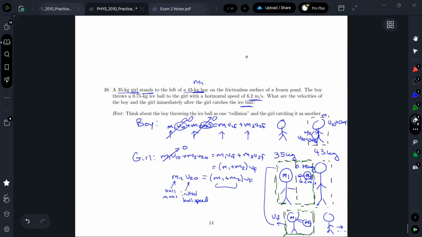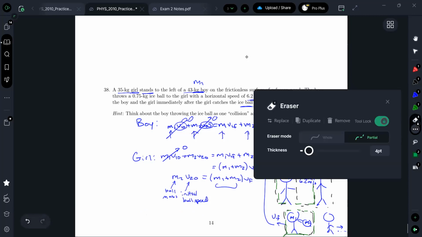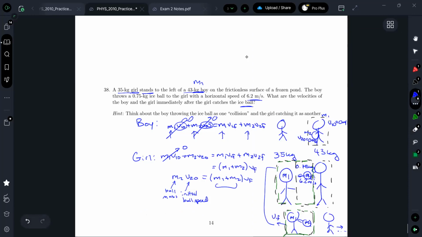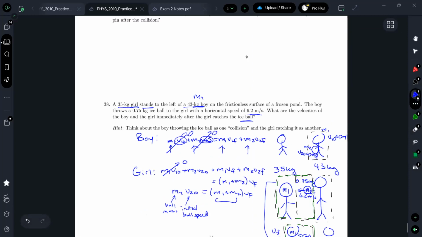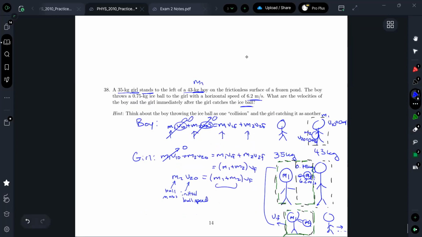This 6.2 meters per second, I have not done anything with. I've not put it anywhere. The masses I've labeled as where they go. I actually know what V20 is, if I assume that it stayed the same through this whole process. It's the speed that the ball reaches the girl at, and so it is 6.2 meters per second. This is not an unknown.